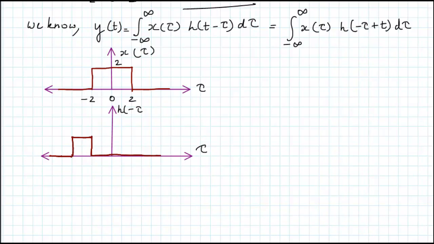That means these two are now in a line. So now from here it is ready to go inside. If the original signal h of minus t was basically like this, and then I flipped it, I basically got the signal, suppose like this. So this is h of minus tau.